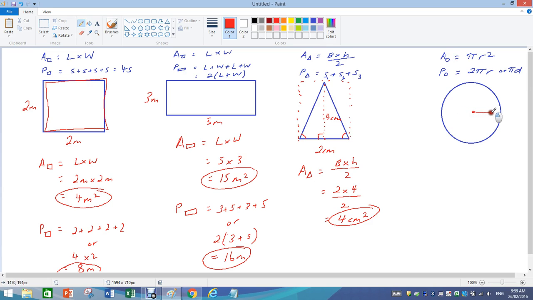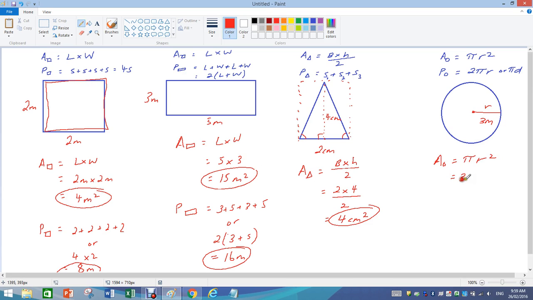A circle. Okay, properties of circles. The distance from the centre to the outside is called the radius. And for our circle, let's say it's 3 metres. So the area is pi r squared. So pi times r, because r squared is r times r.